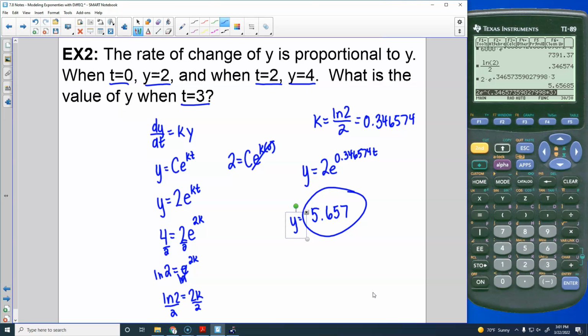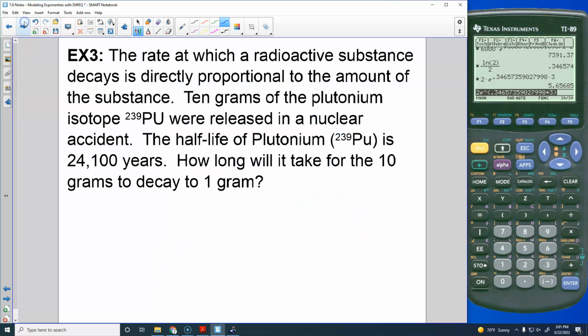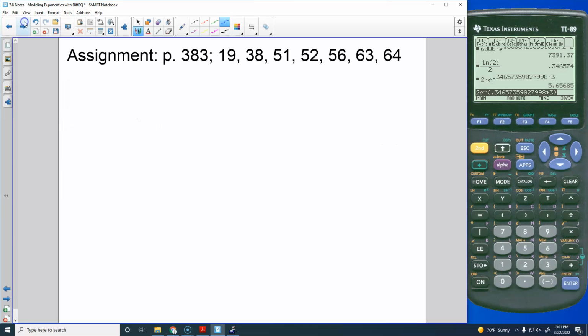Okay, so that's just a bare bones problem that you may see as well. I had a couple more examples, but we don't really have time for the whole thing. Your assignment is from page 383, and you have 7 problems.